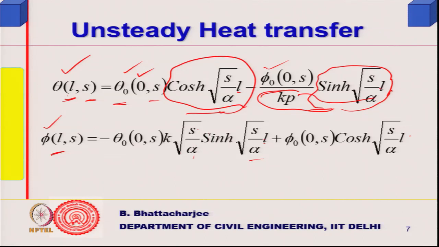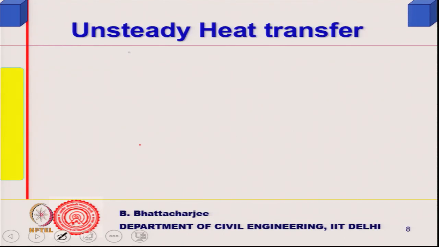L is nothing but the length, alpha is the diffusivity, and of course the Laplace variable is very much there. These are basically material constants, but this is the Laplace transformation of flux and Laplace transformation of temperature. So this can be written in matrix form.